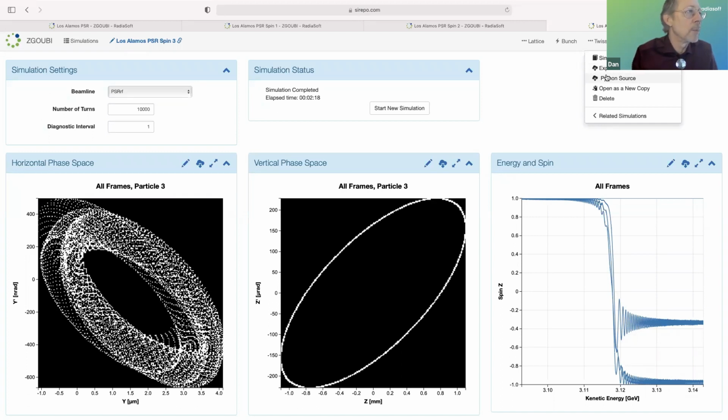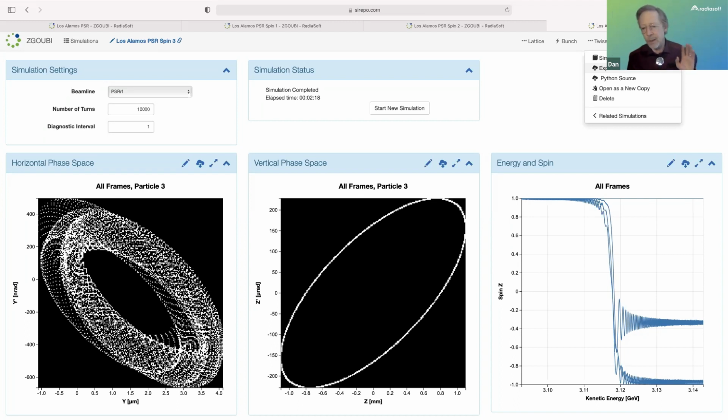I can download the Python source, and that then contains, after you've gone through the effort of creating the simulation in Sarepta, when you export that zip file and look at it, you can see the actual Zgoubi input file that you need, and then if you're already a Zgoubi power user, you can modify that input file and work from the command line.